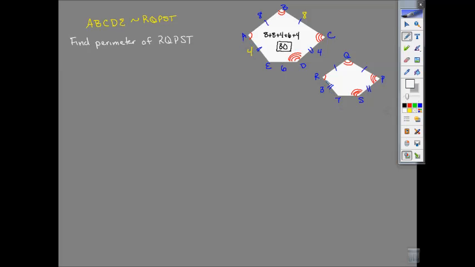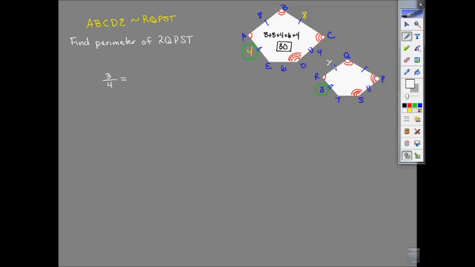I have RT. RT corresponds to AE. So I can put those in a proportion. And I know that this side is 8, AB.